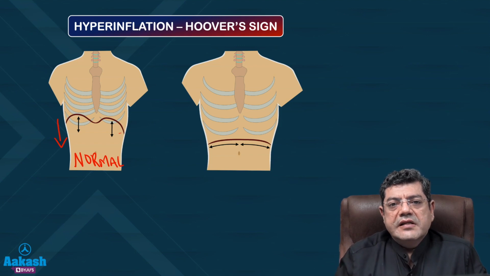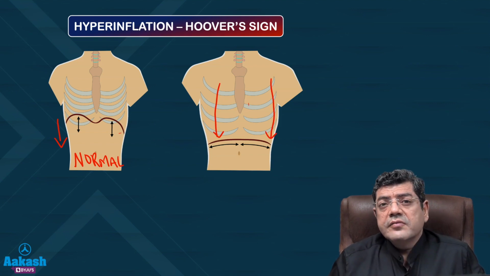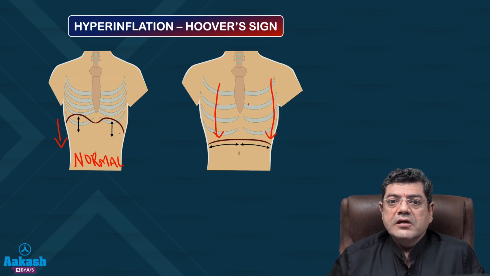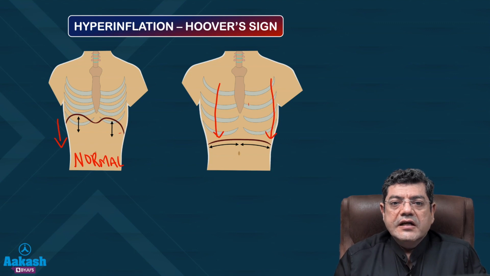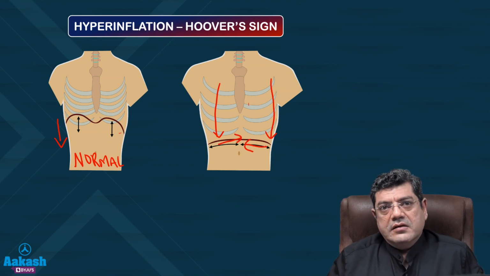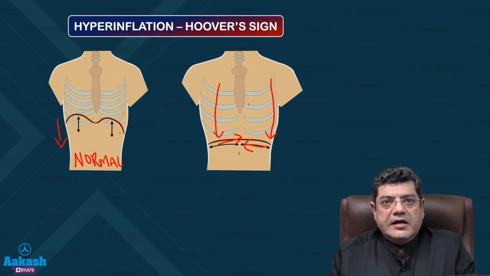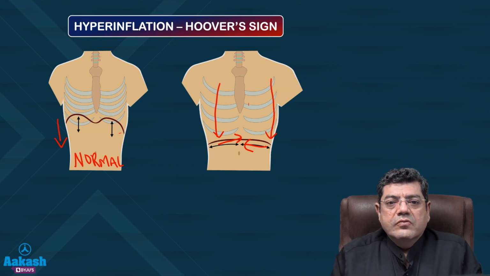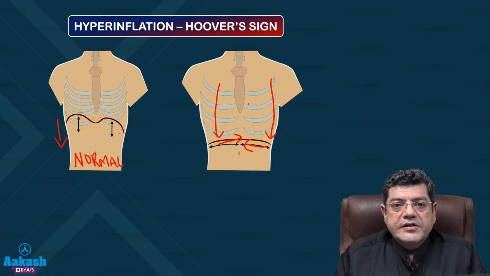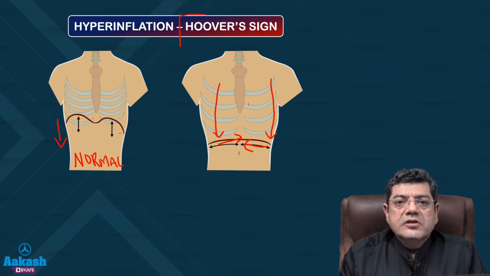What happens when the lungs are chronically hyperinflated is that the domes of the diaphragm get pushed downward, and now the diaphragm starts to contract in a radial manner, right? So it contracts inward. So when the lower chest wall is drawn inward during inspiration, that is called Hoover's sign.